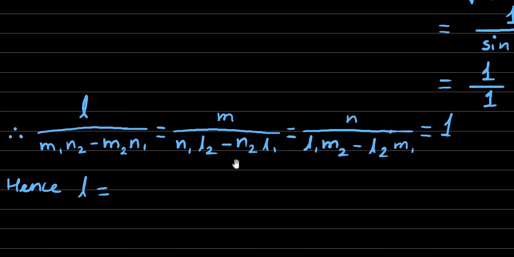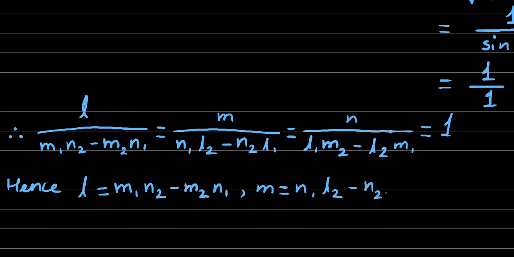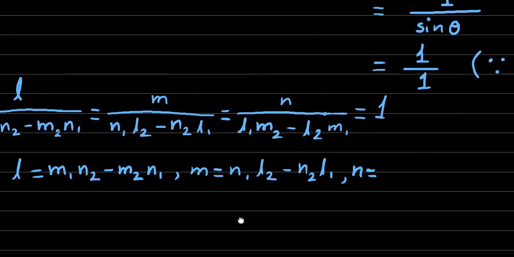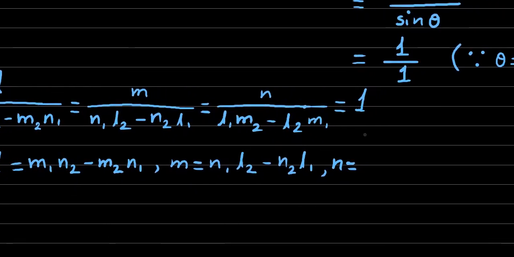Similarly M is this and this is N. So hence L equal to M1 N2 minus M2 N1, then M equal to N1 L2 minus N2 L1, and finally N is equal to L1 M2 minus L2 M1. So these are the direction cosines of the required line.